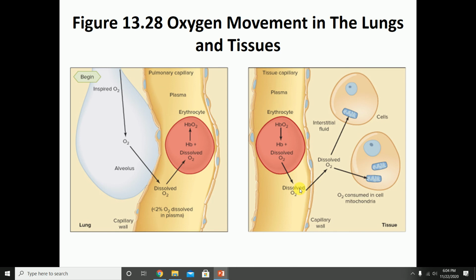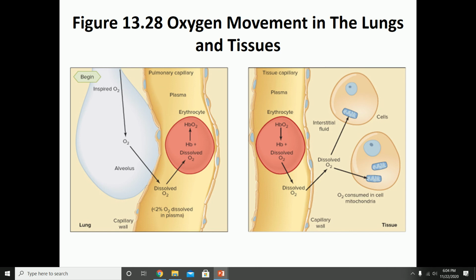So there are different signals for the red blood cell to do that. So for example, in areas of tissues that need oxygen, there is going to be increased acidity, for example, due to all the metabolic reactions that are being made. Our metabolic products usually are acidic, so low pH or high acidity.